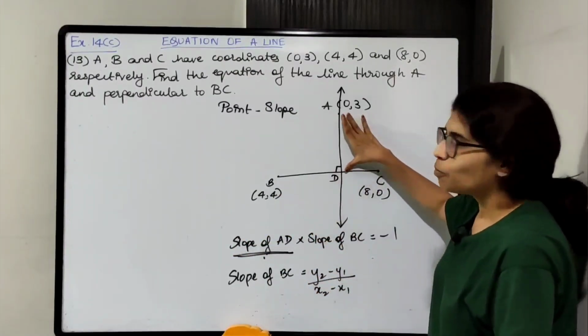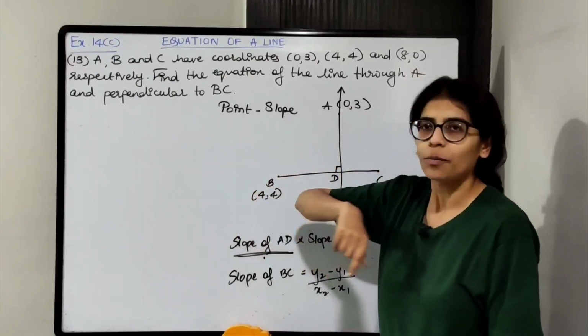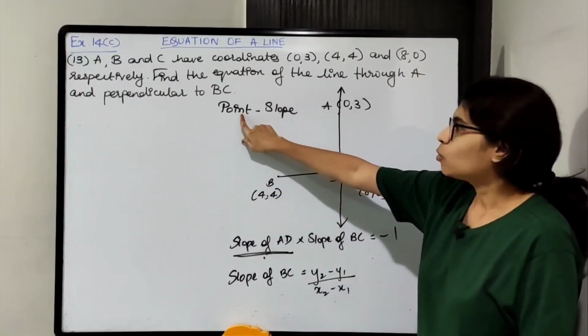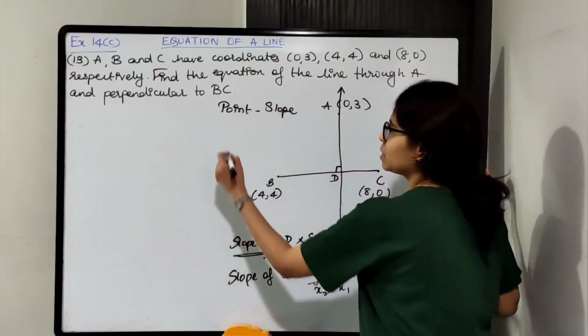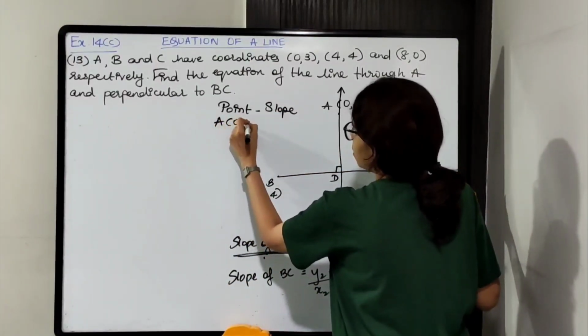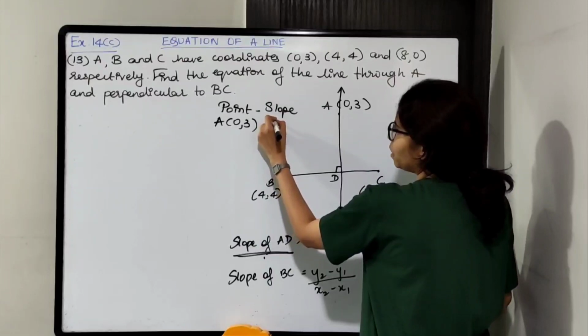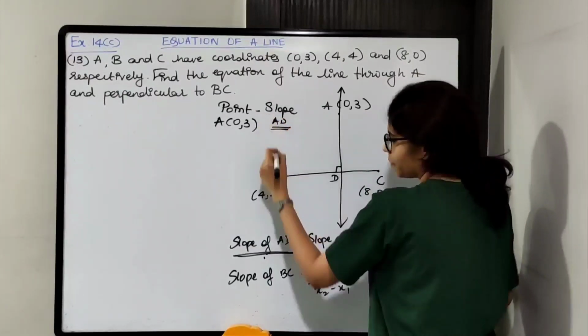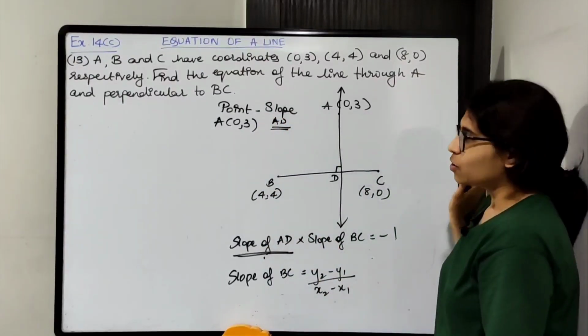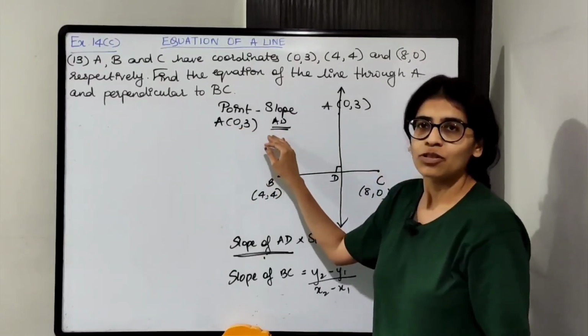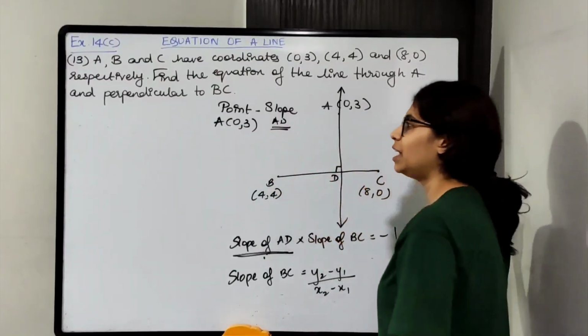And once you get the slope of AD, you will use point slope form. One point का coordinates पता है, that is A का coordinates पता है. Slope of AD you will get from this. So from this information, you can easily find out the equation of the line.